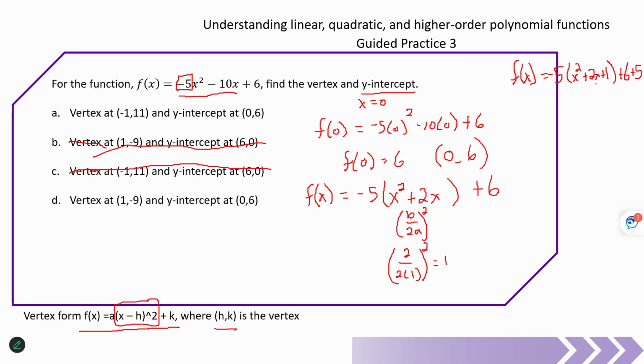So I'm going to add 5. If I subtract 5 and add 5 from the same side, that doesn't change the equation. It's still balanced. So that gives me f of x equals -5. I'm going to factor this. So this becomes x plus 1 squared and add 6 and 5.